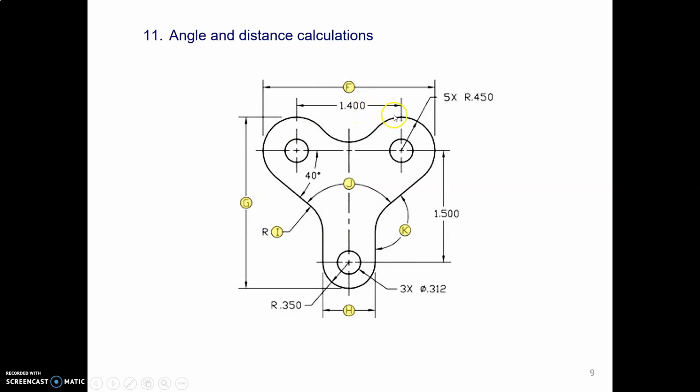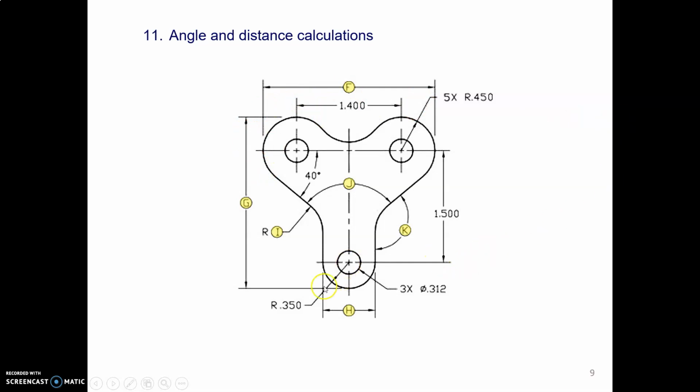With dimension F, here we have a center-to-center distance, 1.4, and we have a radius of 450 thousandths on each side of each hole. So what's 1 400 thousandths plus 450 on this side and 450 on the other side?